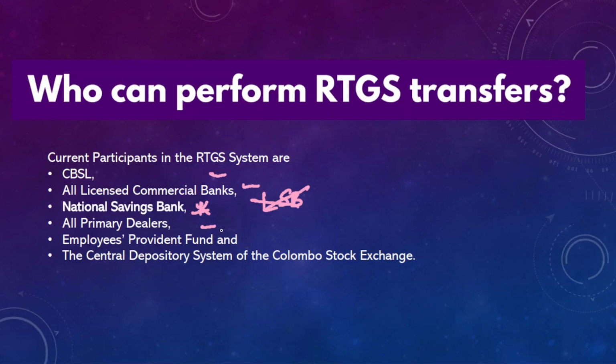And finally, the Central Depository System of the Colombo Stock Exchange. They are the entity who handles settlement of the Colombo Stock Exchange, so they are given access to RTGS to do fund settlements from their part as well.